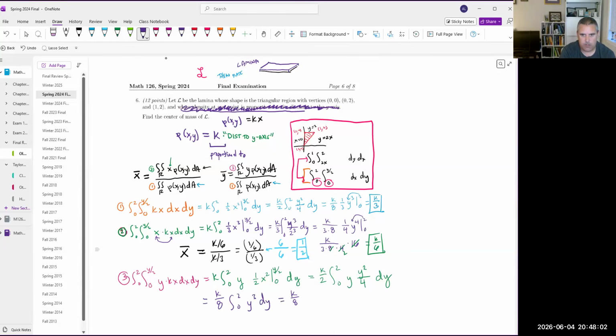K over 8, 1/4, y to the fourth from 0 to 2. K over 8 times 4. 2 to the fourth is 16. So let's cancel that 16 and we get k over 2.